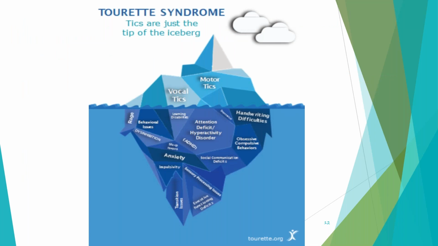When we started early on learning about Tourette syndrome, the criteria is the vocal tics and the motor tics, and the duration. But the longer people studied Tourette and became more knowledgeable about it, there were all of these other co-occurring conditions that we were finding that people dealt with aside from or in addition to the tics.